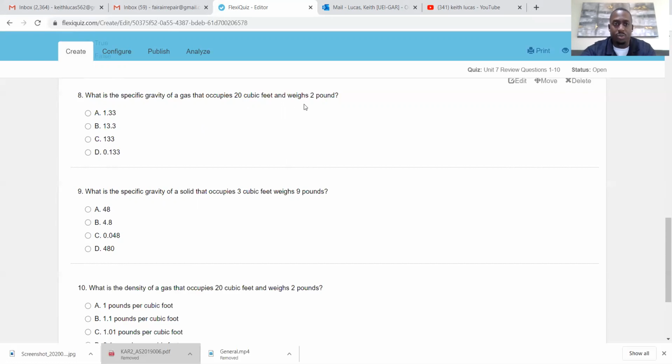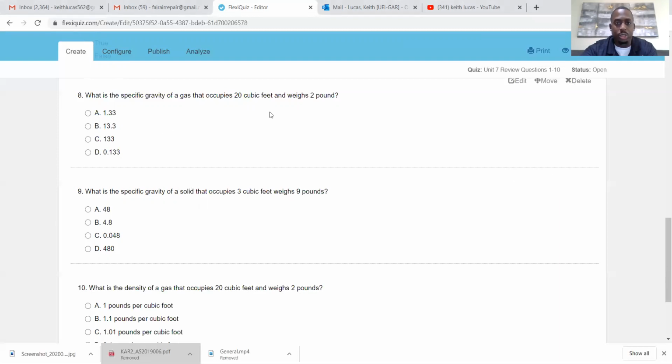So we need these 2 factors to find the density of that gas. Where's that formula? Page 83, unit 7. The density is down here, so we need the weight divided by the volume.